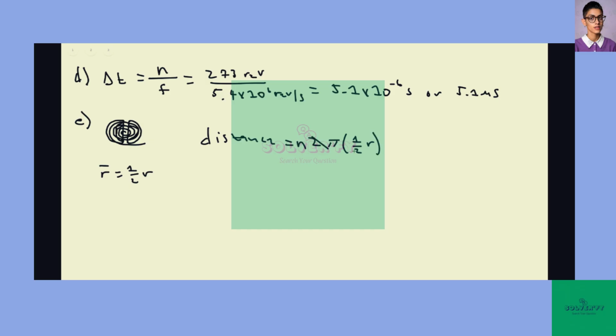These 2's cancel. This just gives N pi times the radius, which is going to be equal to 273 revolutions times pi times 1.0 meters, which is equal to 860 meters. So just shy of a kilometer.